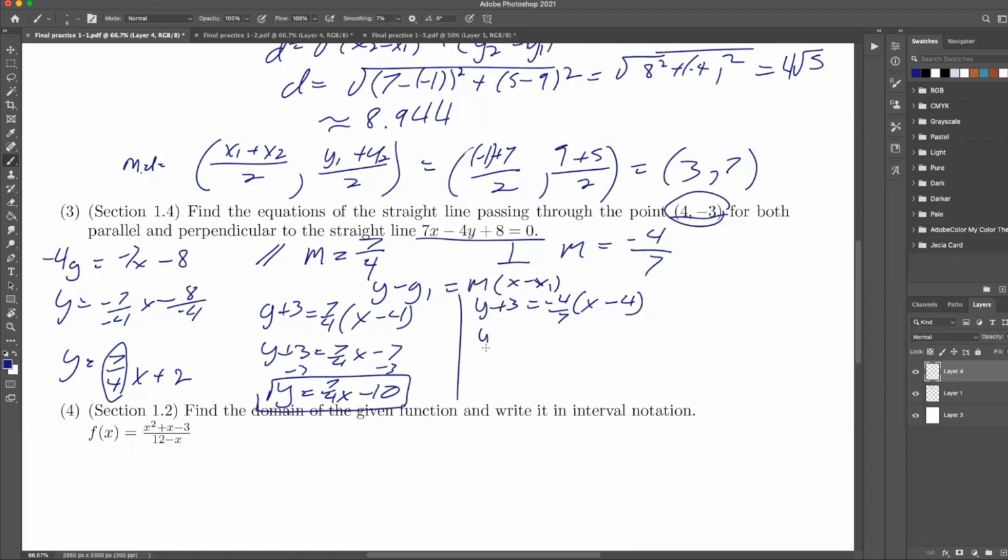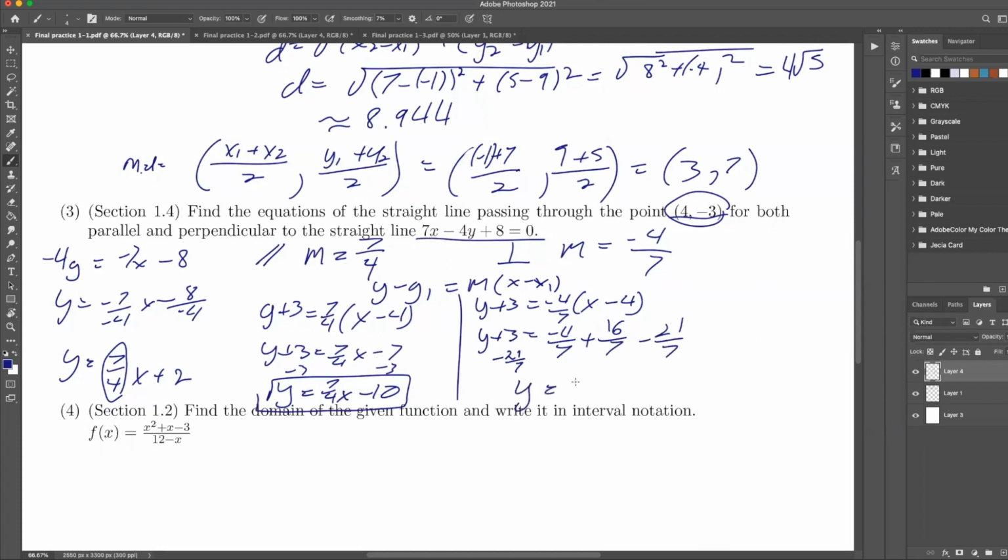So we'll have y plus 3 equals -4/7 x plus 16/7. So the -4 times -4 gives a positive 16, still 7ths. And so here I'm going to minus 21/7 and then minus 21/7, because 21/7 is 3, right?